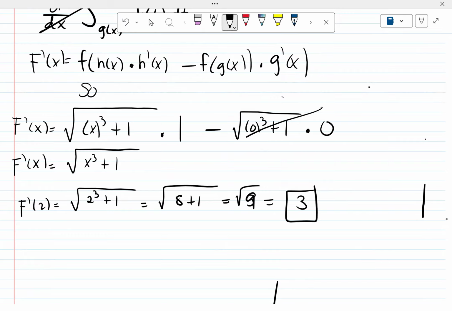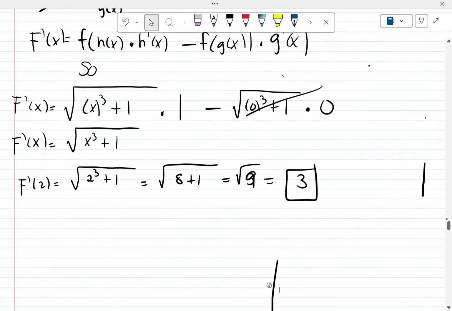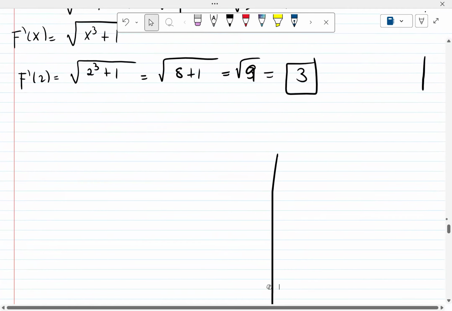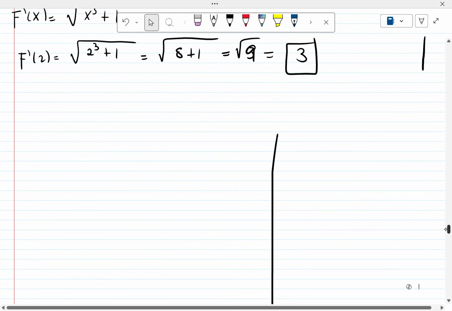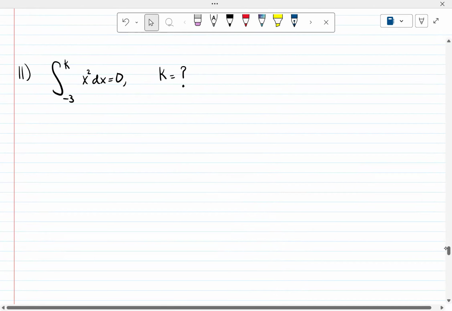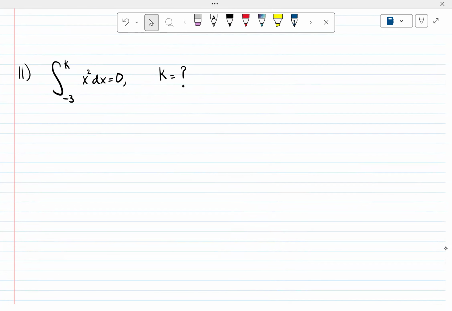Okay, so let's move on to 11. We have the integral from -3 to k of x squared dx. And somehow we've got to figure out what k is.